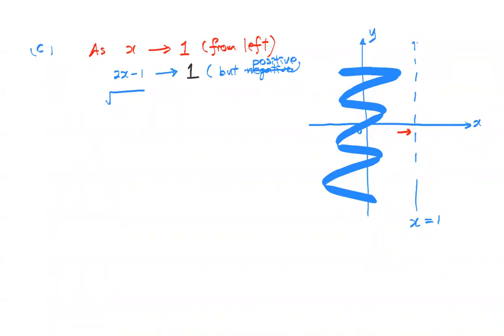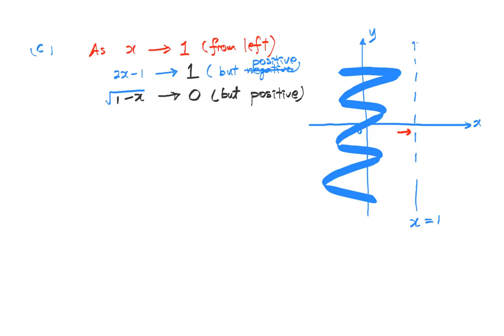How about the bottom, which is square root of 1 minus x? This one definitely will approach 0, but not equal to 0. Approaching 0 and being 0 is a different story. It approaches 0 but positive. Am I right?